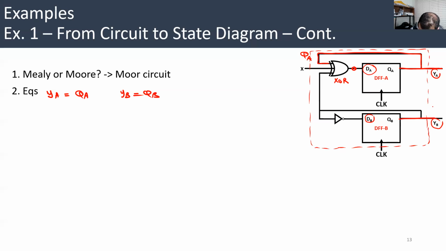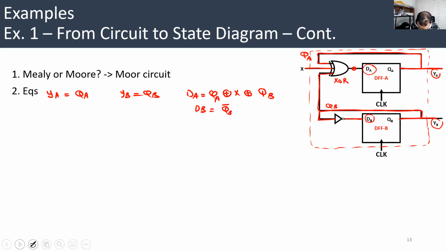The second input is X, and the third input is basically QB. So DA is equal to QA XOR X XOR QB. And DB is really easy because it's the output of this inverter, and this inverter takes QB. So DB is basically QB bar. These are basically the 4 equations.